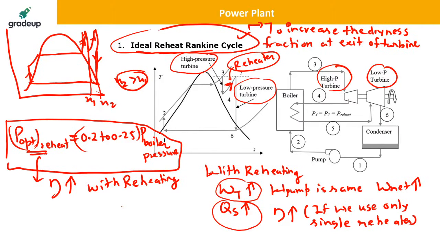In the exam, if they ask what happens with reheating, remember that the efficiency will increase with reheating only up to a certain pressure, if you use a single reheater. If that question comes in the exam, you have to mark this as correct: yes, efficiency will increase with reheating. Okay, only in the case of the Rankine cycle, not in the Brayton cycle.